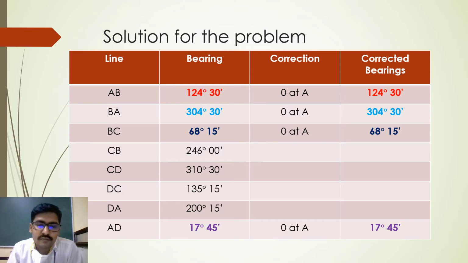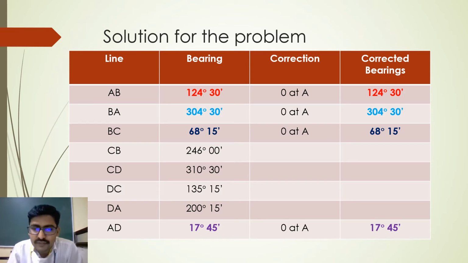So all the 4 bearings are correct bearings. That is the reason the correction is 0, right? So it is supposed to be 0 at B in the second row and 0 at B here, and in the last row, 0 at A, it is correct.